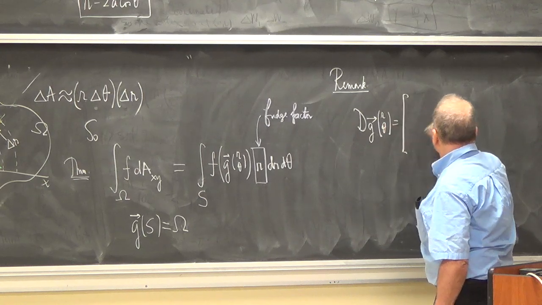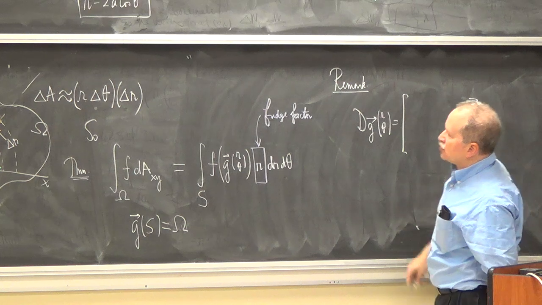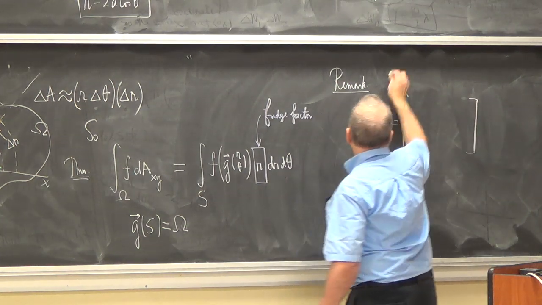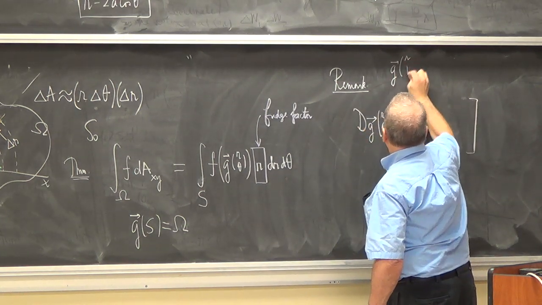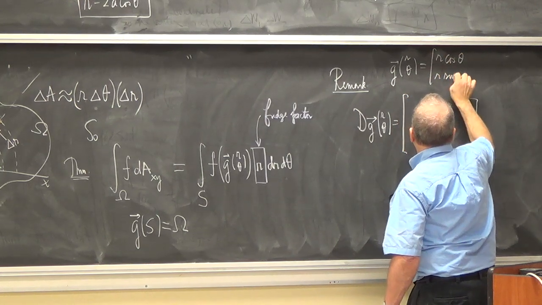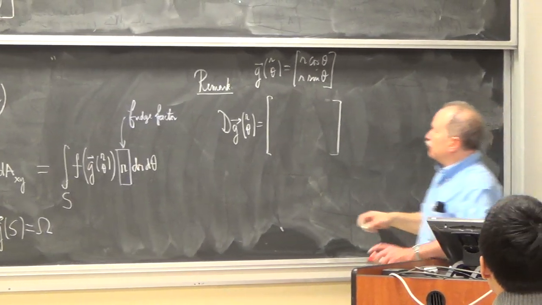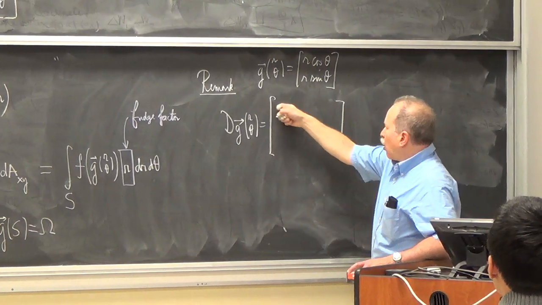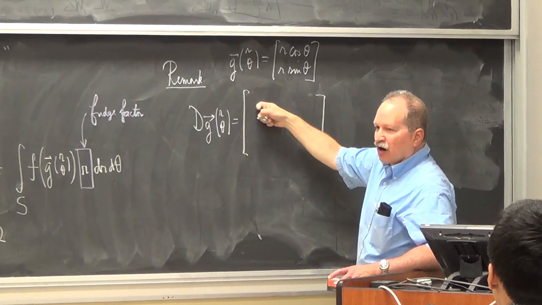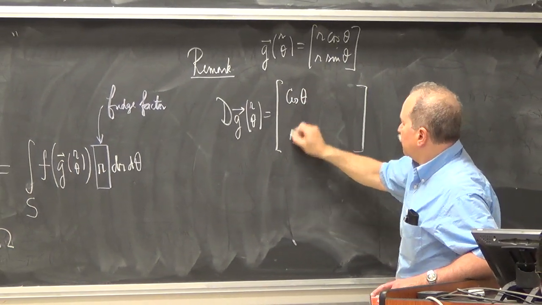Let's review. Remember the derivative matrix? Take the derivative, oh, I've erased g. Please take the derivative of that function. What goes up? r cosine theta, r sine theta. Partial with respect to r: cosine theta, sine theta.